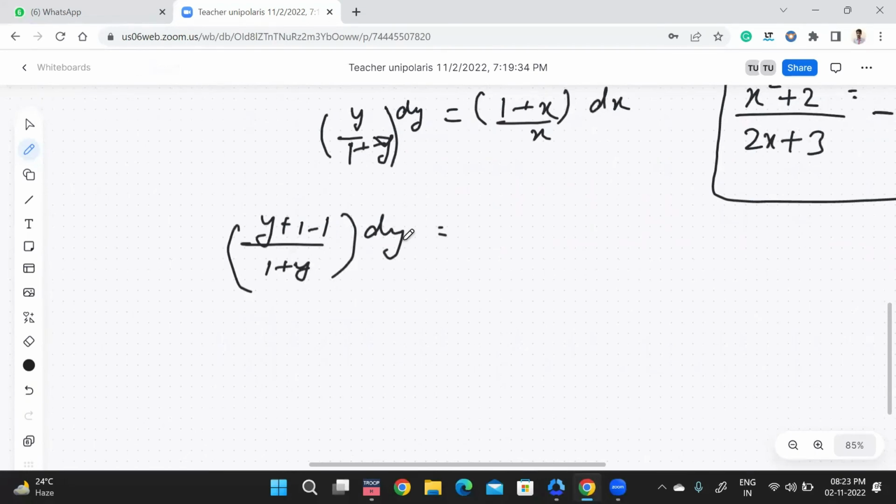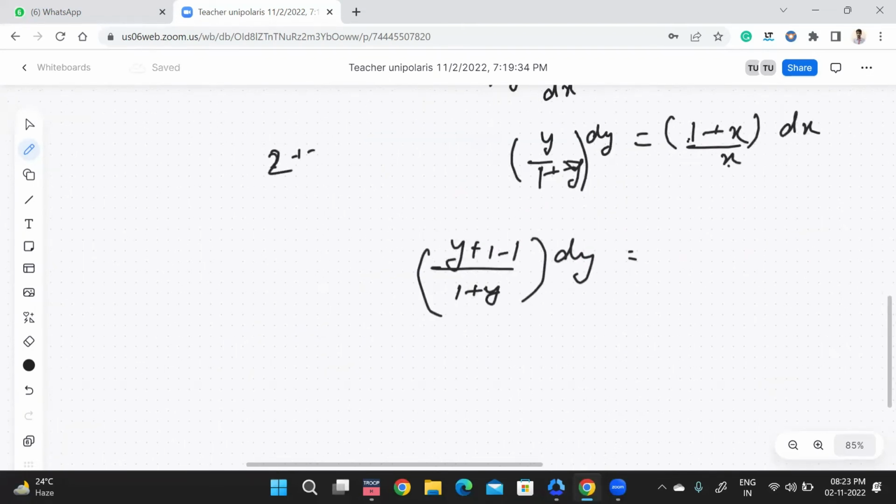On the left side, we can just directly remove, like if you have a number like 2 plus 3 over 2, you can write it like 2 by 2 plus 3 by 2, right? Because you have a common denominator now, so you can give the denominator to both the terms.